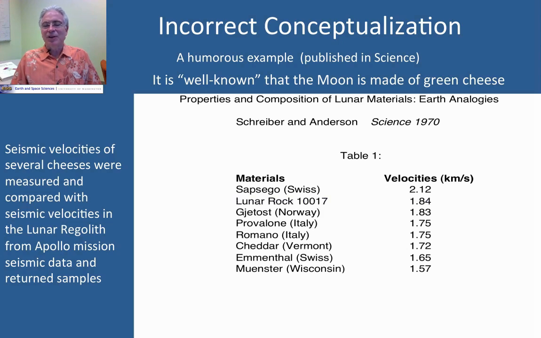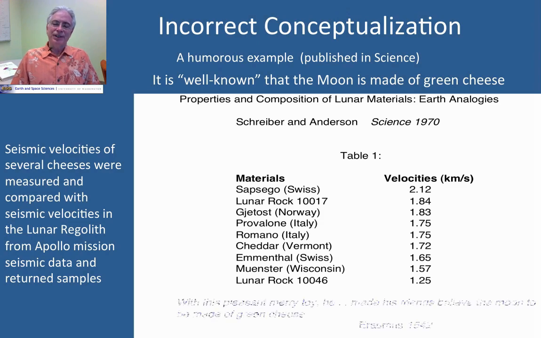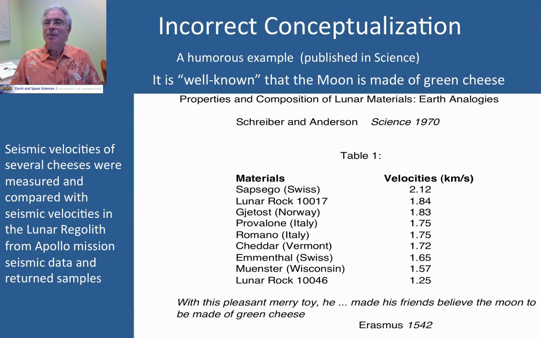Well, the measurements on the lunar samples fell exactly in this range. Velocity of 1.8 for lunar rock 117, and lunar rock 10046 had an even lower velocity. Well, looking at this table, it would be easy to imagine the moon made of a mixture of green and blue cheese in order to make the moon entirely out of green cheese.